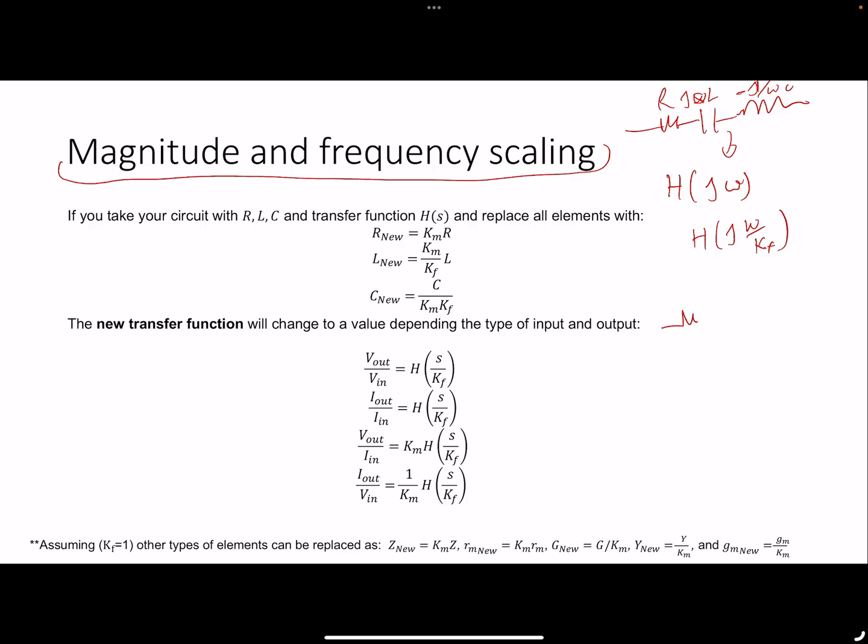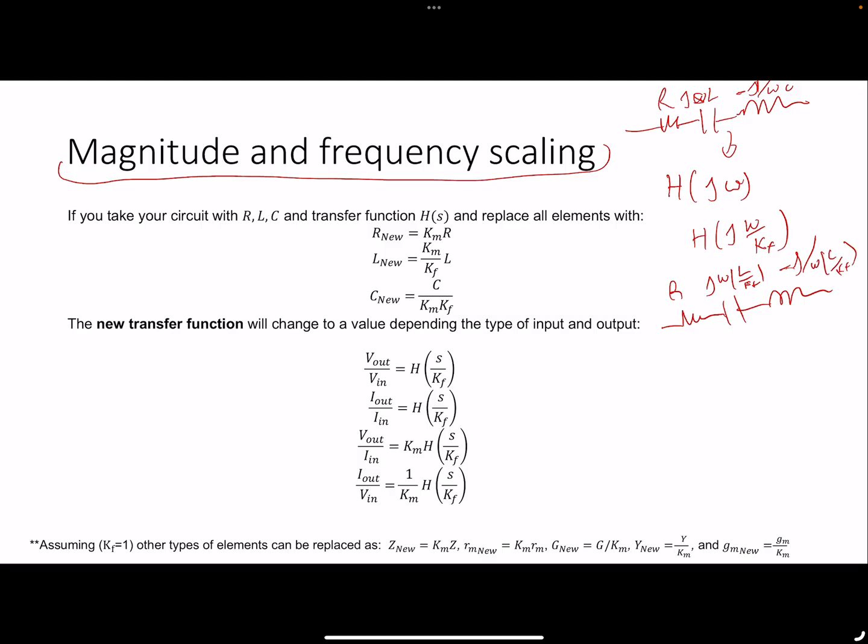So you're going to have R, J omega L over Kf, negative J over omega C over Kf.